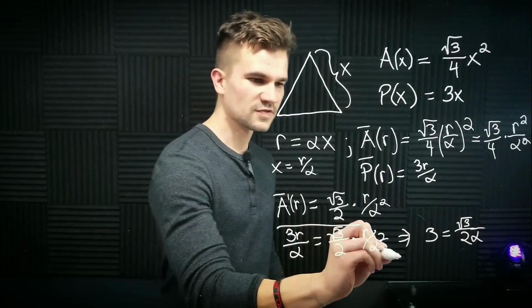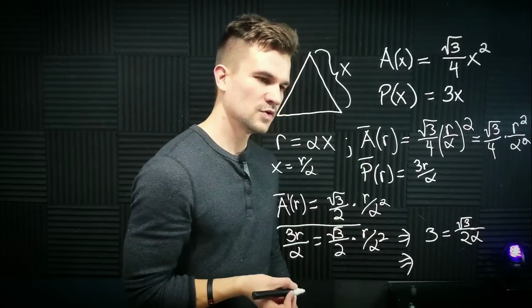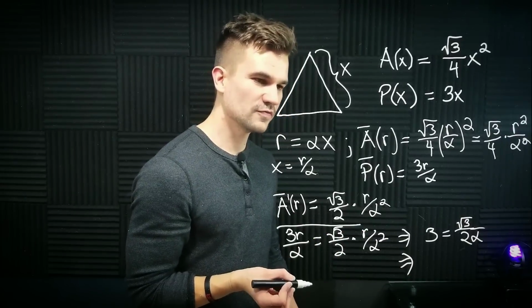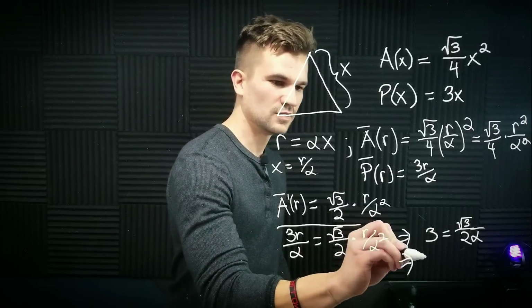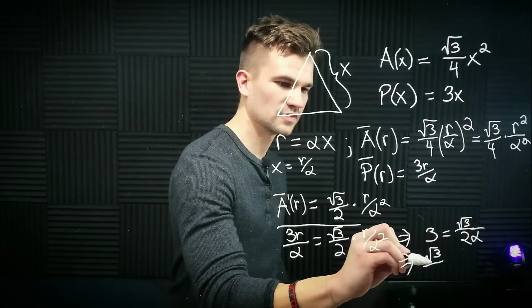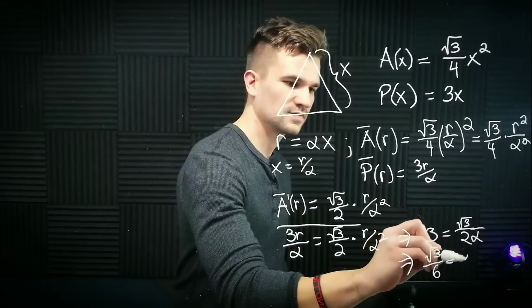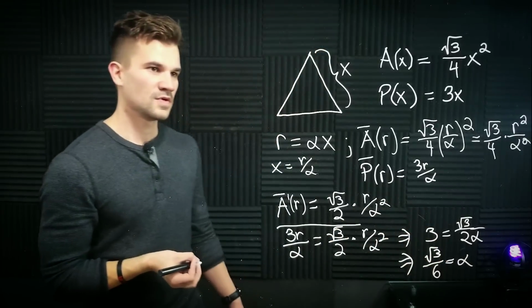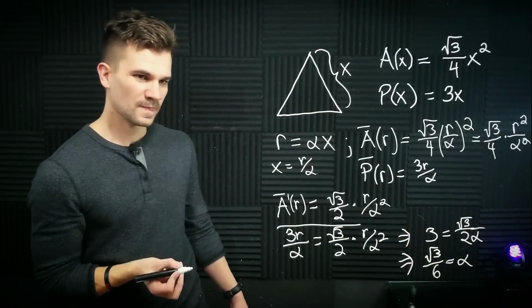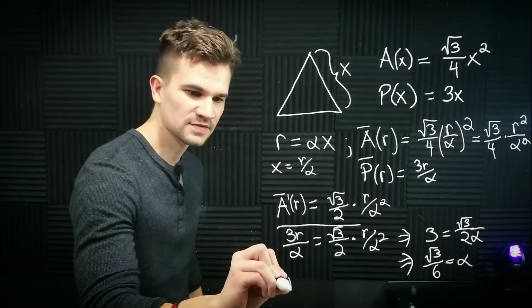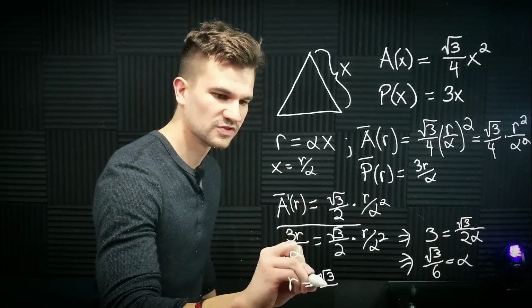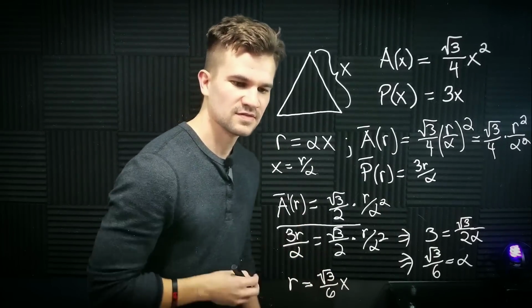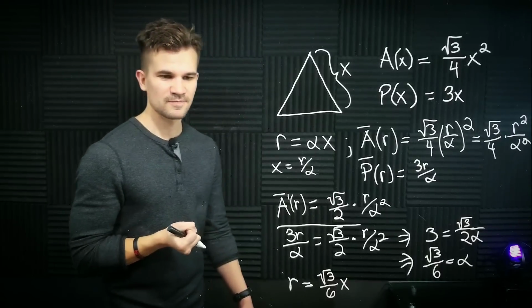And solving this for alpha, we're going to get that alpha is equal to root 3 over 6. So our new measurement that we want is root 3 over 6 times the side length x.